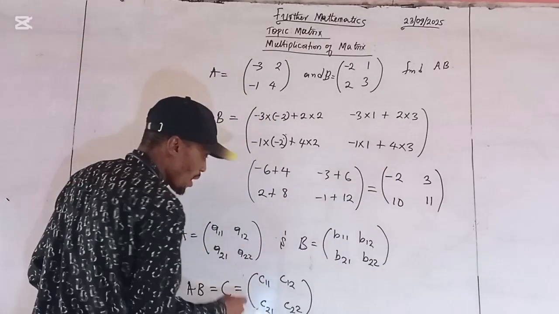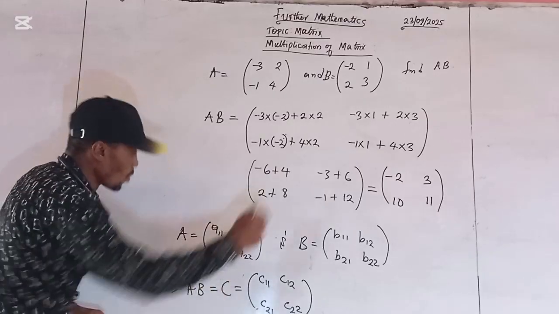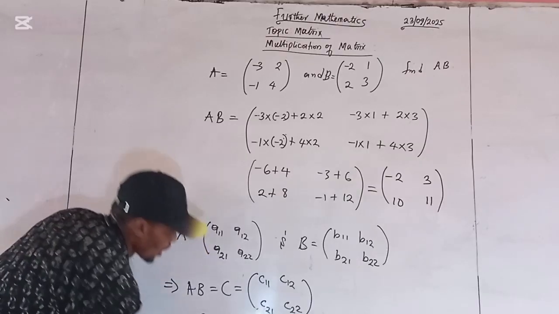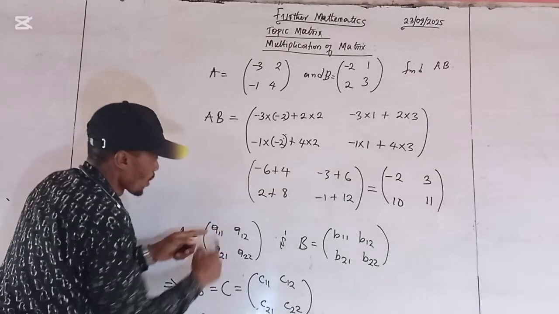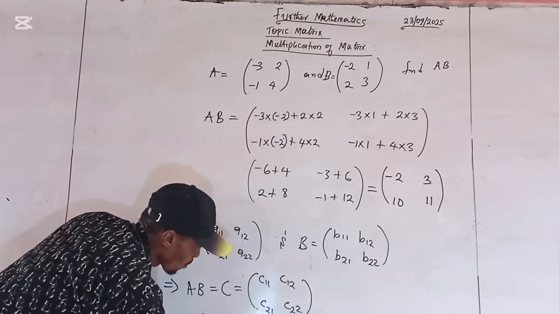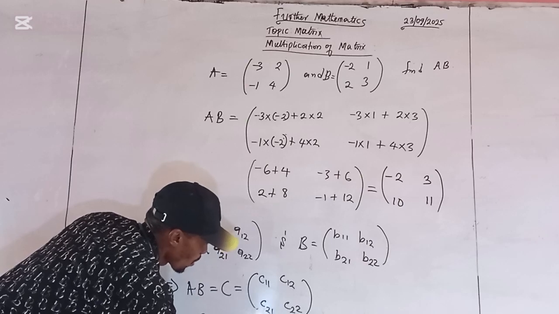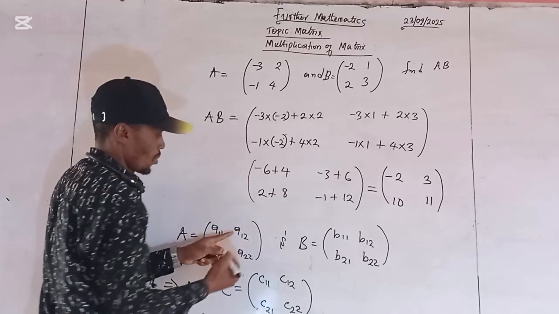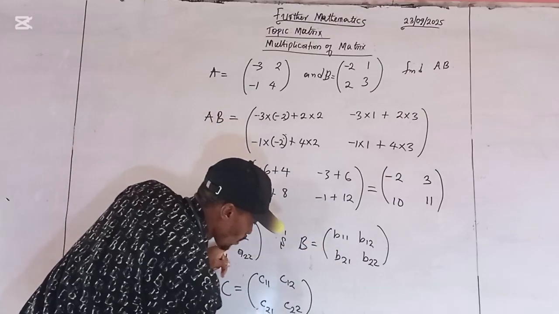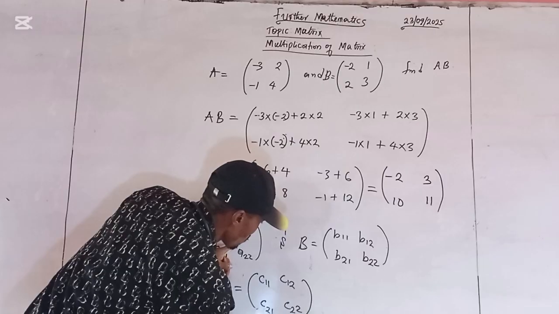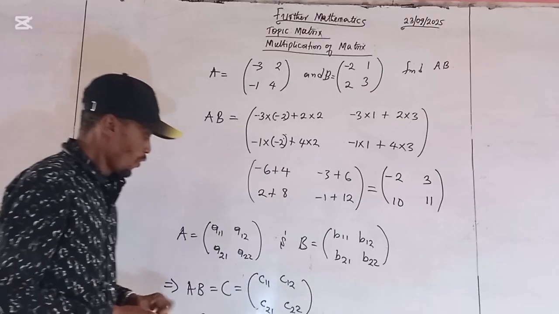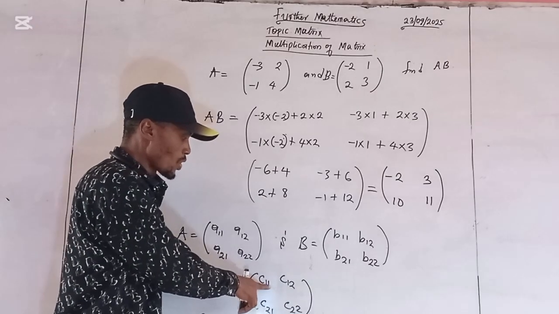So the first element in matrix C will be C11, and that will be equal to A11 times B11, plus A12 times B21. This will give you the first element, which is C11.